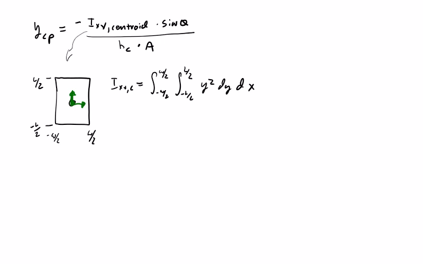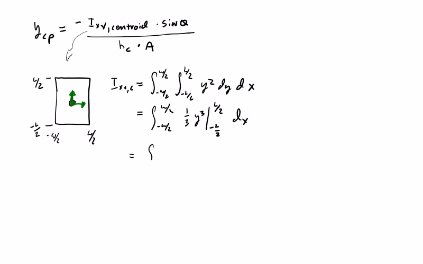Okay, so let's do this integral. It equals the integral from minus w over 2 to w over 2, and then y squared again, you get 1/3 y cubed from minus L over 2 to L over 2 dx.